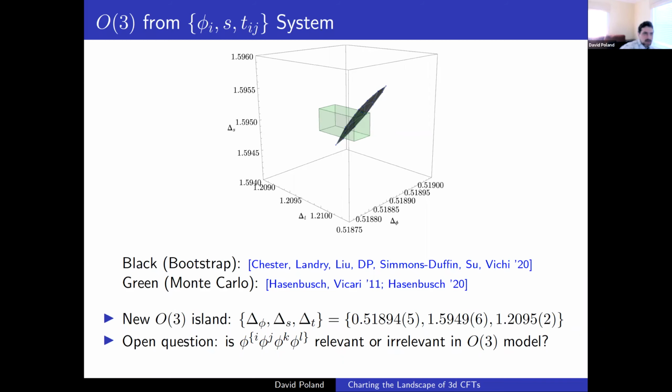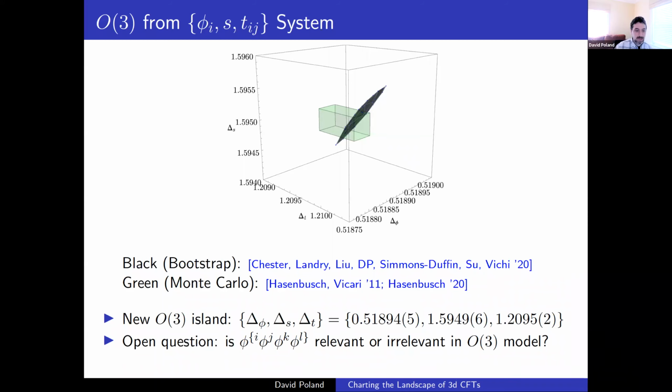So we honed in on one interesting question in the O3 model: if you look at the leading 4-index tensor, which you'd build out of fields like phi i, phi j, phi k, phi l, and symmetrize and subtract traces, you can ask if this is a relevant or an irrelevant operator in the O3 model. There have been a variety of studies in the past looking at this operator, and they all come up with numbers which are very, very close to 3.